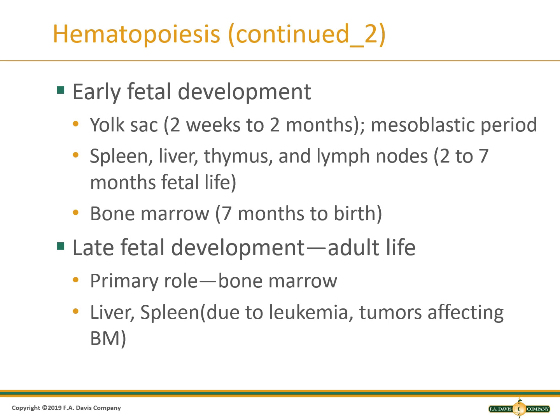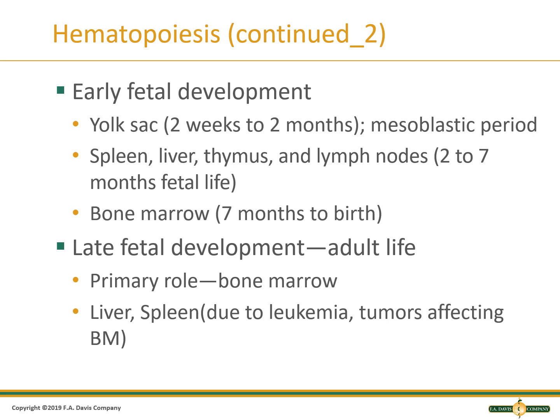Hematopoiesis starts in early fetal development within the yolk sac, which occurs between 2 weeks up to 2 months of age, and this time period is known as the mesoblastic period. It then shifts from the 2-month to the 7-month period of the fetal life, where the hematopoiesis occurs in the spleen, the liver, the thymus, and the lymph nodes.